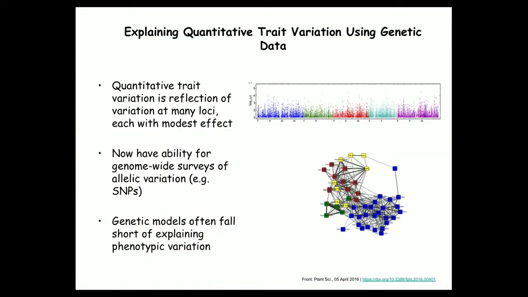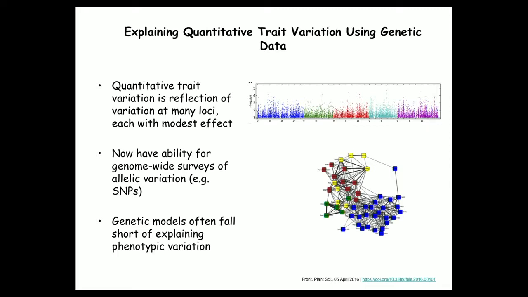Now, as Richard just showed, increasingly we have the power to scan genomes and identify genes that are influencing quantitative traits. So for example, now using sequencing, we can actually scan genomes for single nucleotide polymorphisms, and we can look for associations between those SNPs and traits across the genome.